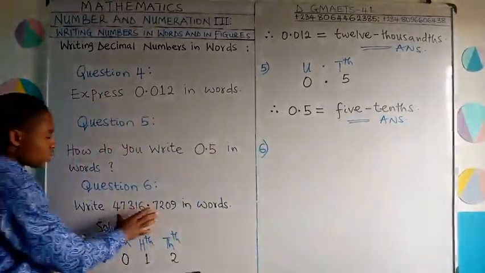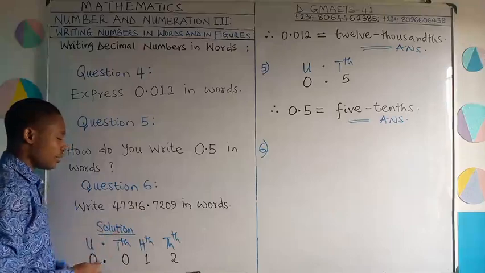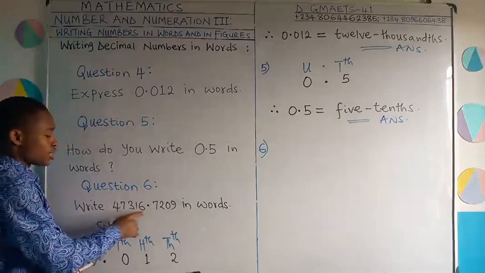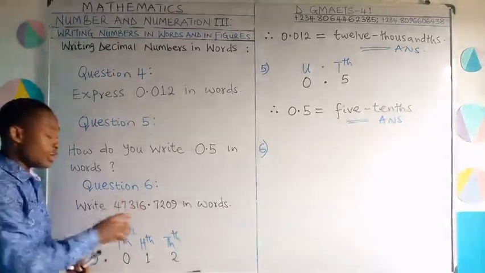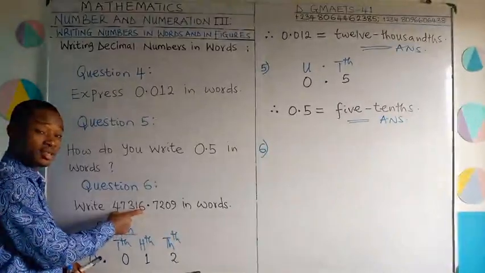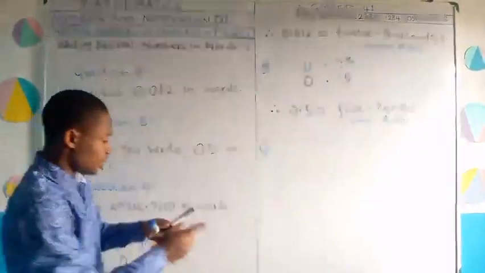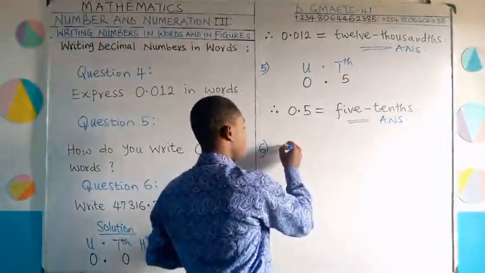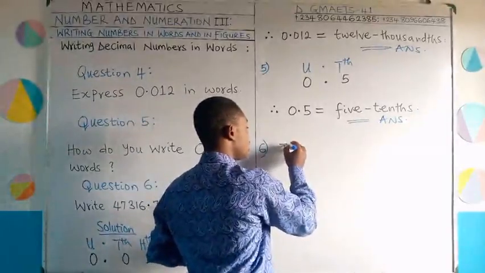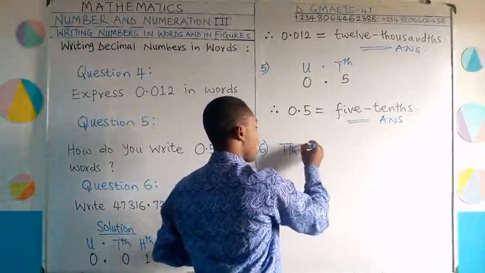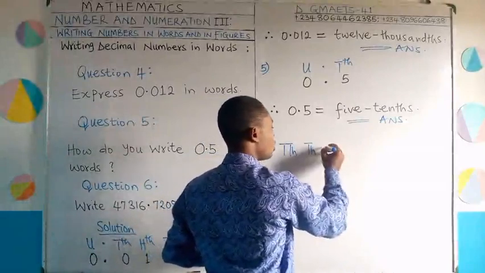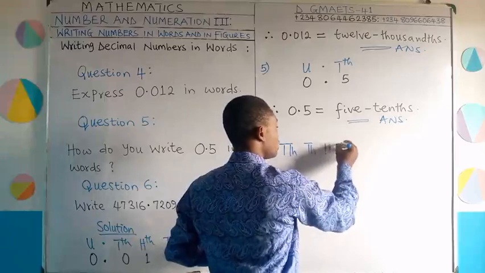And in question 6, you have some large numbers, you know. This is 47316, the whole number part. And clearly you agree with me that this is in tens of thousand, 47,316. Let's put the place value: 10 thousands, then thousands, hundreds, tens, and units.